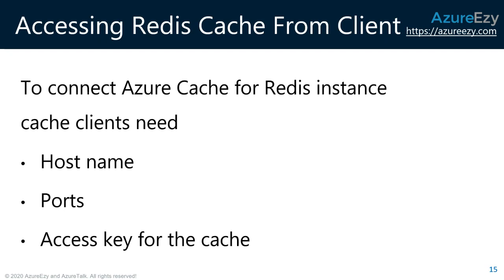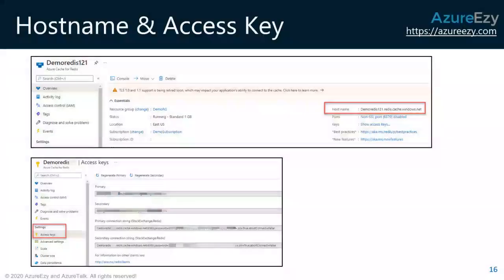How will you get this information? The moment you deploy Redis cache in Azure, you can see it in the Azure portal after deployment. Once you open this Azure Redis cache, in the overview section of that service, on the right hand side, you will see an option called host name. So this is the host name that you can use. Then you see the option called keys as well.